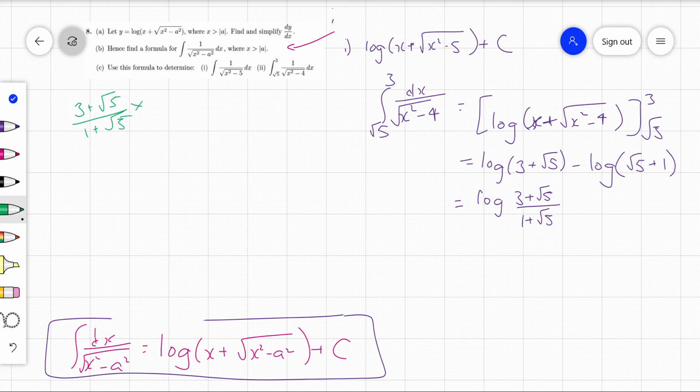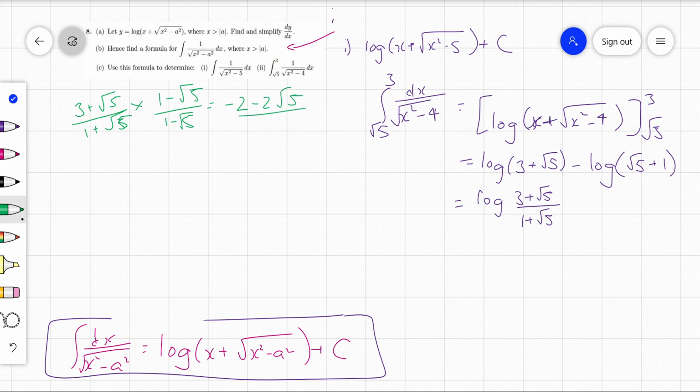So if we times that by 1 minus root 5 on 1 minus root 5, at the top we are going to get a 3 minus a 5, and so that's a minus 2. And we're going to get a negative 3 root 5 and a positive root 5, which is minus 2 root 5. You can do this yourselves.